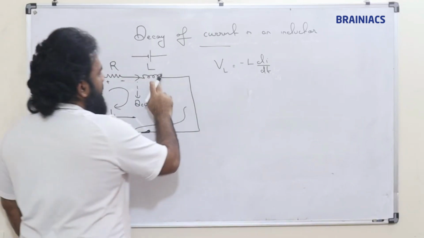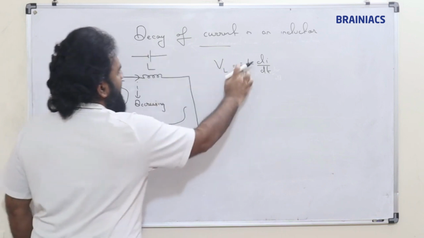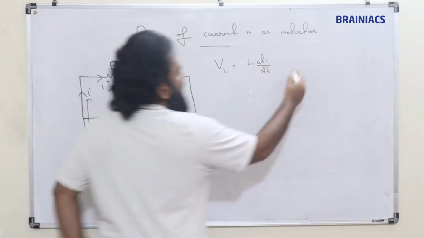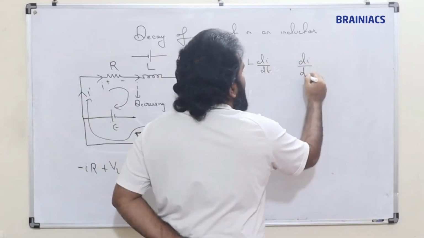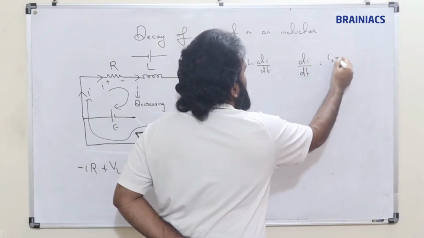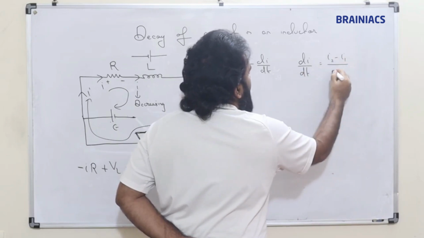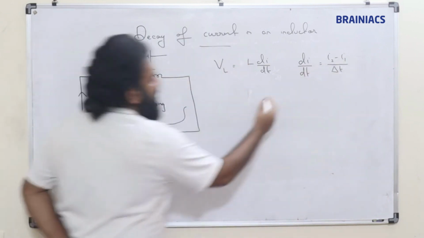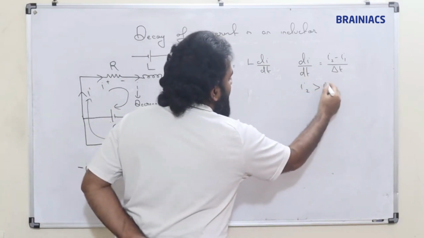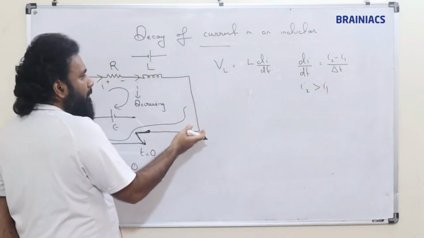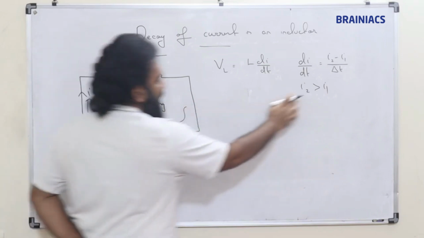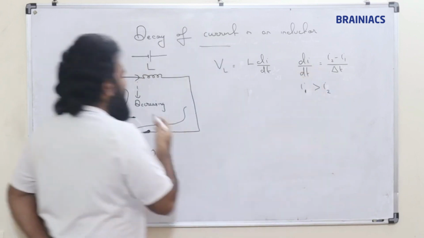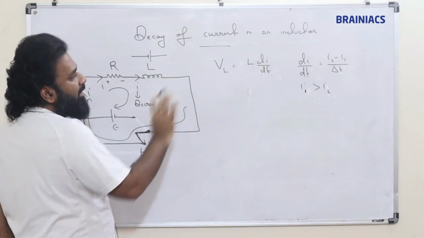Now this minus is already addressed here with the sign, so I am removing it. But di by dt is equal to what? I2 minus I1 divided by the change in time. Since the current is decreasing, I2 will be less than I1.